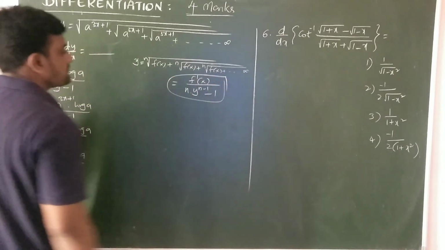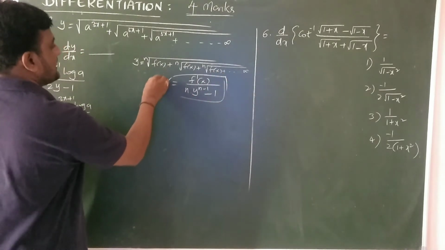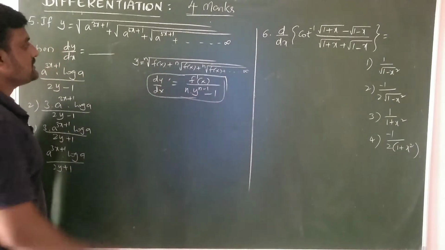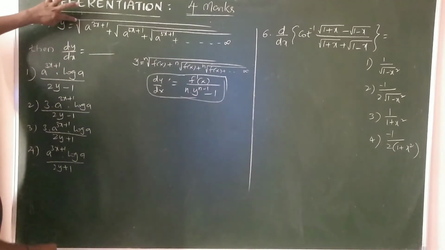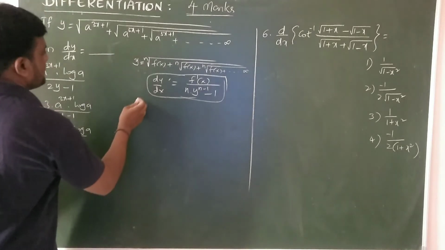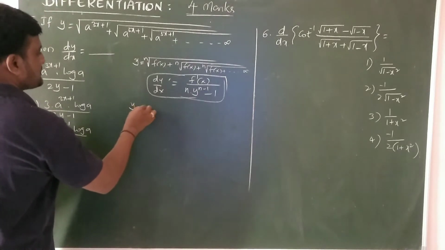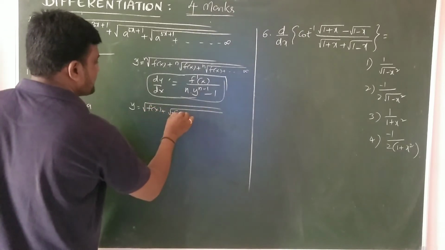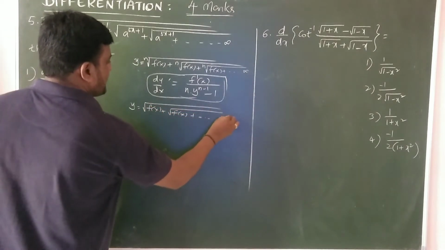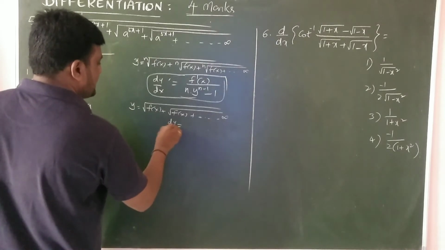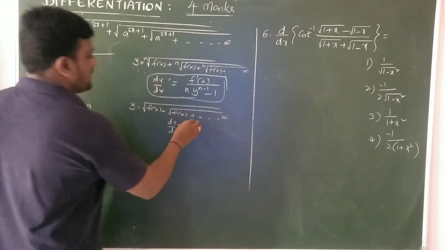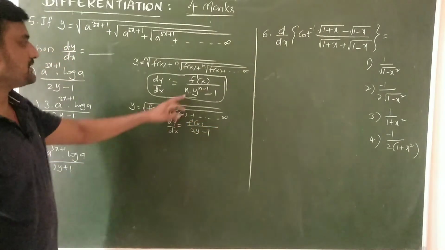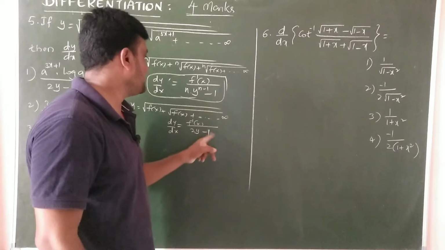At the same time, when n equals 2, it is a square root, yes or no? So now if y equals the square root of f of x plus the square root of f of x plus so on, then dy by dx equals f dash of x by 2y minus 1, yes or no? With n equals 2, y power 1 minus 1.